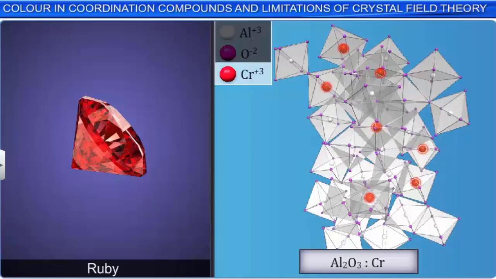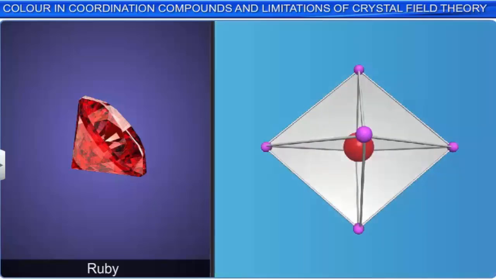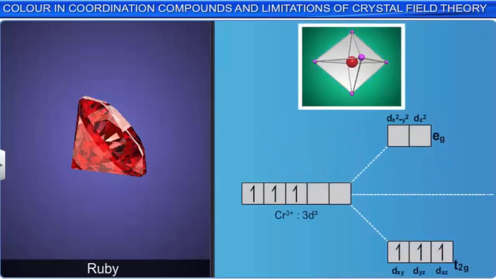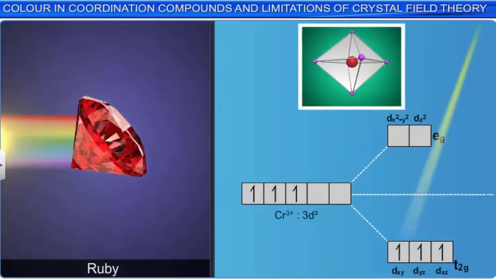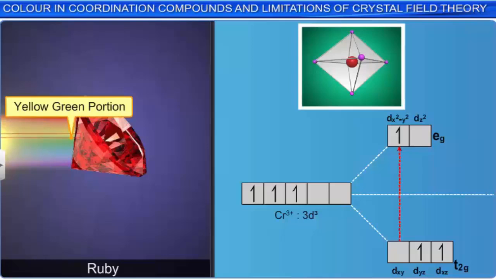We may view these Cr3+ ions as octahedral Cr(III) complexes incorporated into the alumina lattice. This crystallographic arrangement affects each Cr3+ ion, resulting in the d-to-d transition of electrons after the absorption of the yellow-green portion of light. As white light minus yellow-green gives red color, a ruby looks red.